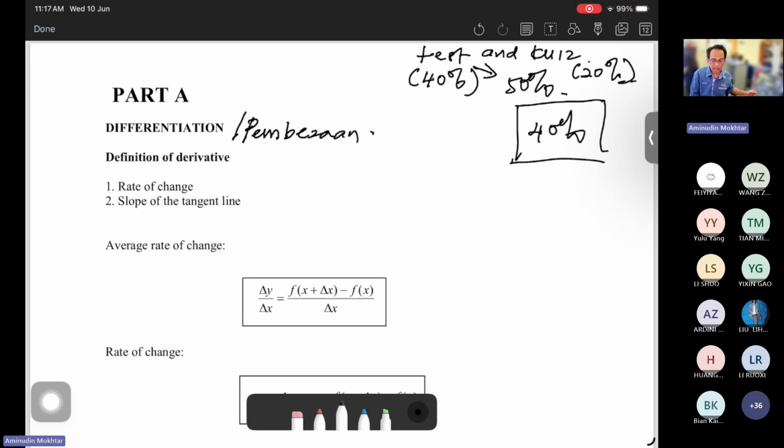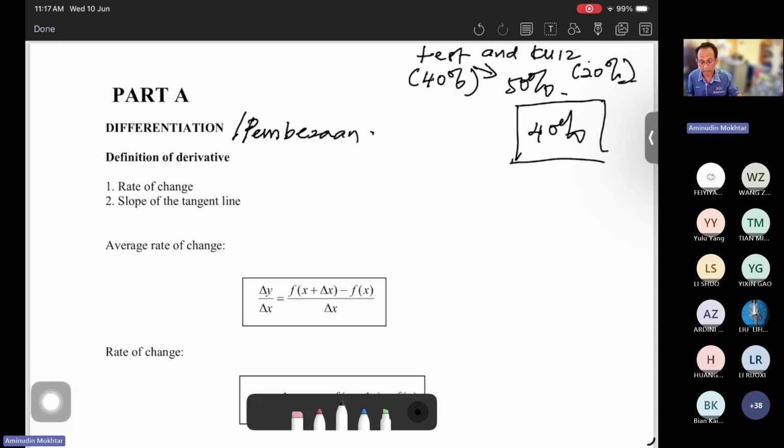So the total is 60% from test and quiz, and the passing mark for test and quiz is 50% of your test and your quiz. This is the passing mark for continuous assessment. For total grade, again, the passing mark is 40%.